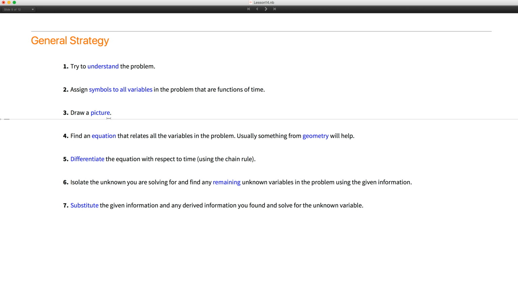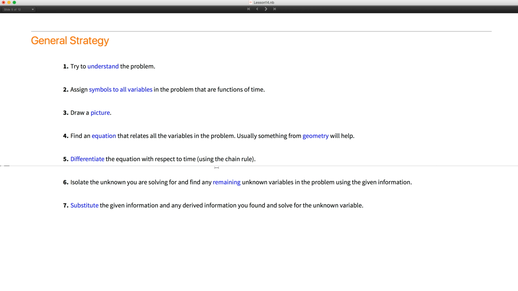It doesn't have to be a very elegant picture, just enough for you to understand what you need to do. Next, the creative part: find an equation that relates all the variables in the problem. Usually, something from geometry is going to help you do that. Next, differentiate the equation with respect to time using the chain rule. That's the key rule for today's lesson.